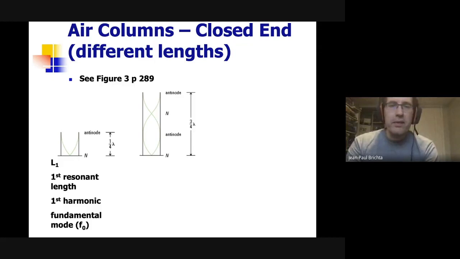A loop is essentially always 1/2 of a wavelength. So when you see a loop shape, you know this has got to be 1/2 of a wavelength. We have the half wavelength from the loop, as well as the quarter wavelength sitting on top of it. Together, 1/2 plus 1/4 is 3/4. So this shape here is 3/4 of a wavelength.